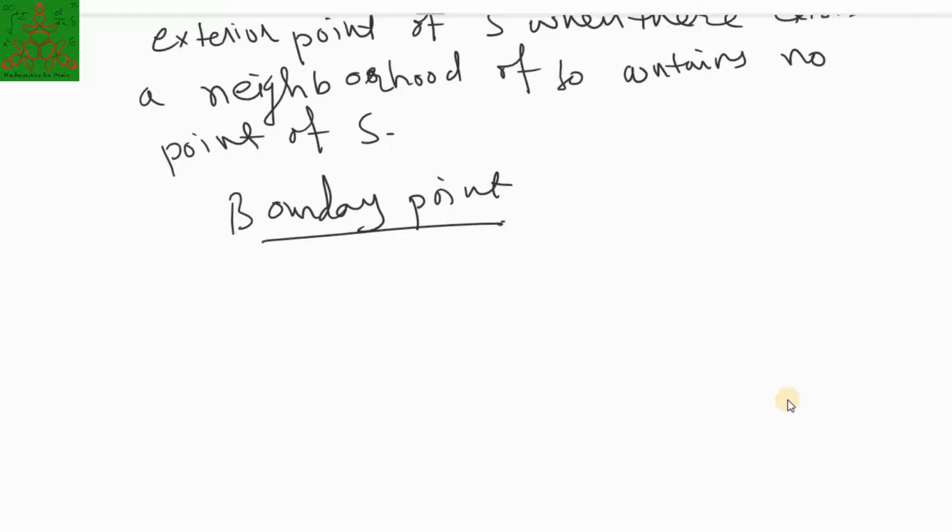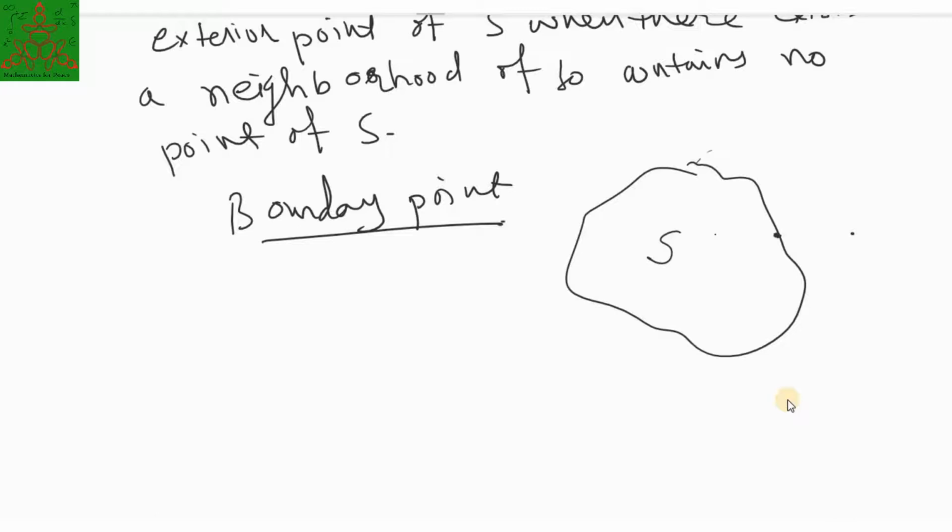In other words, a point which is neither an interior point nor an exterior point is called a boundary point. If this is your room, and the point is on the boundary, this point is neither interior nor exterior, so that is why it is called a boundary point.